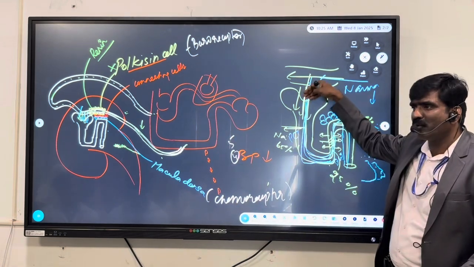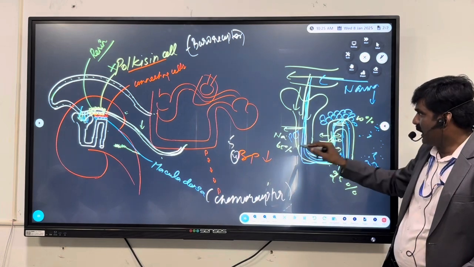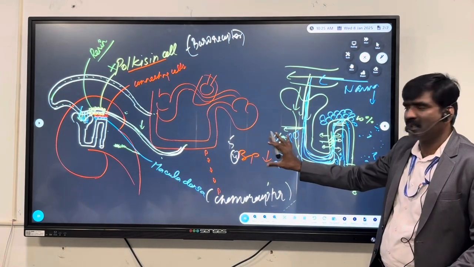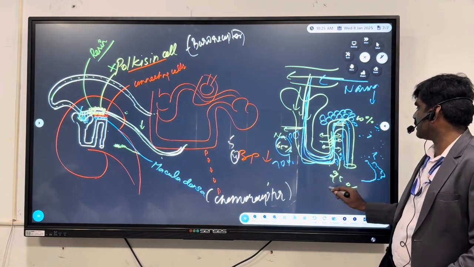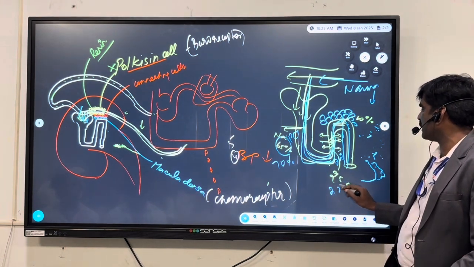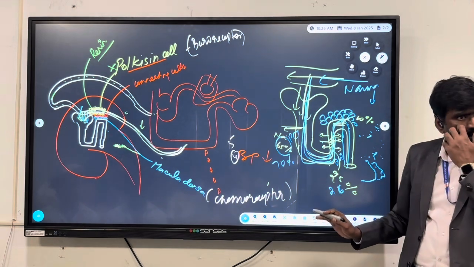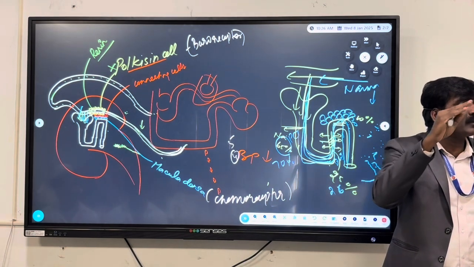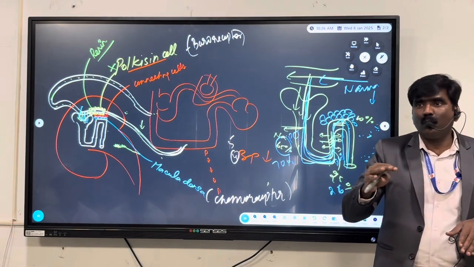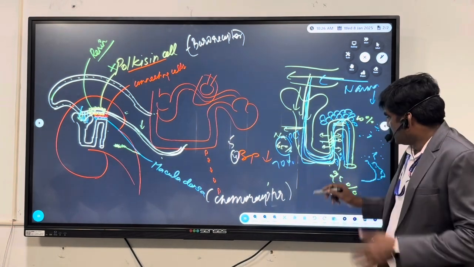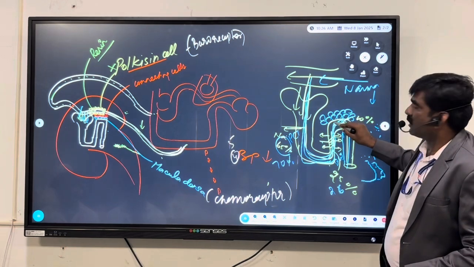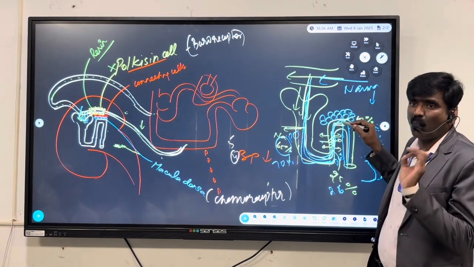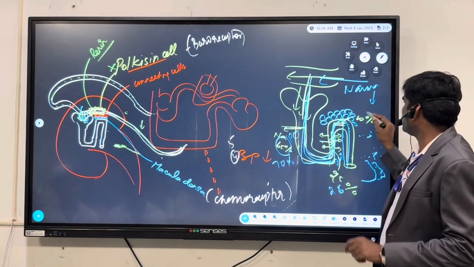Because the fluid is moving slowly, instead of 65%, it will absorb 70% here, and instead of 25%, here it may absorb more than 26 or 27%. Because fluid is moving slow. Why? BP is low, right? So by the time it reaches here, now the macula densa will sense less salt. It will be less than 10%.